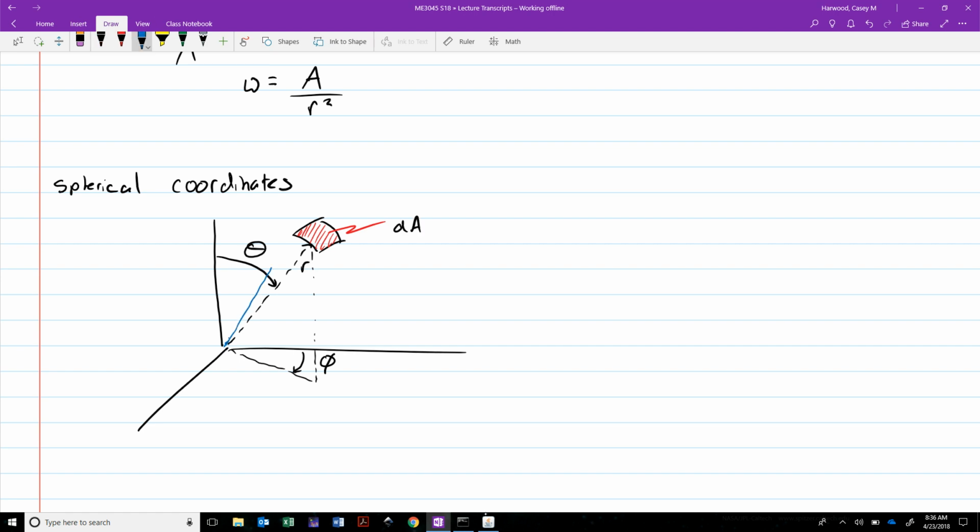We'll skip most of the process of actually painting how we do the projections and such here, but trust me in that we could go ahead and write this dA as r squared times sine theta d theta d phi.